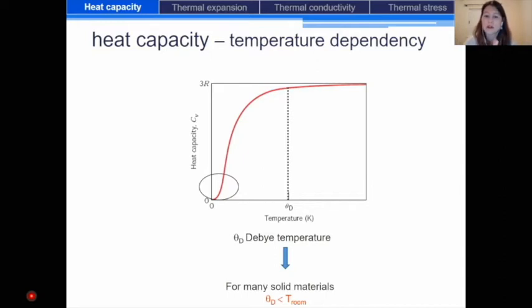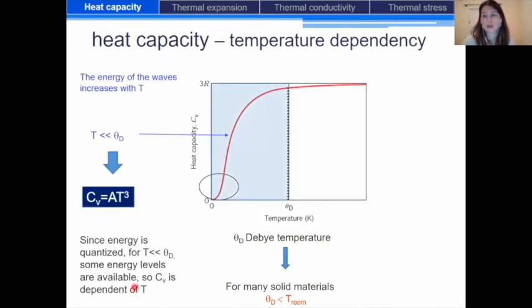And after this theta D temperature on the right part, the heat capacity is almost constant with the temperature. And so we are going to define this specific temperature that separates these two regions, which is the Debye temperature. And so this Debye temperature is the one above which the heat capacity remains constant with an increase of temperature. And so for many solid materials, this Debye temperature is lower than the room temperature.